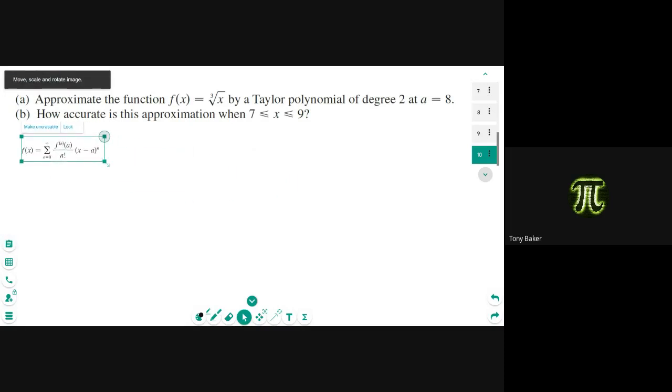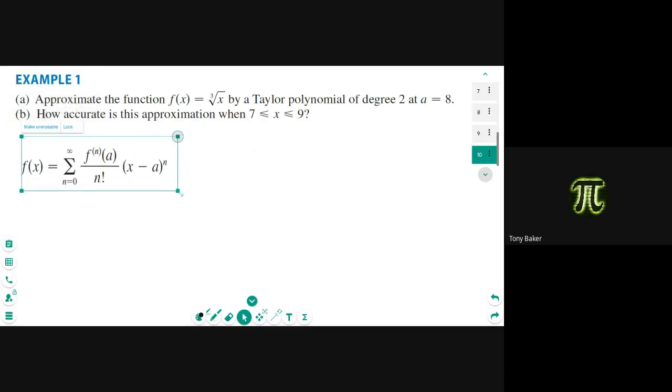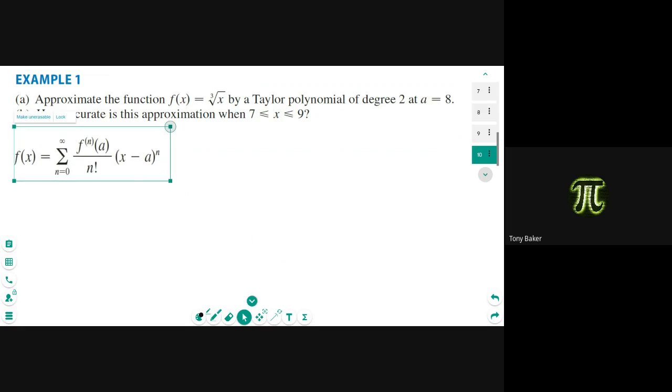Taylor series. All right. So a in this case is going to be 8, because that's my center. So in this case, a is 8.